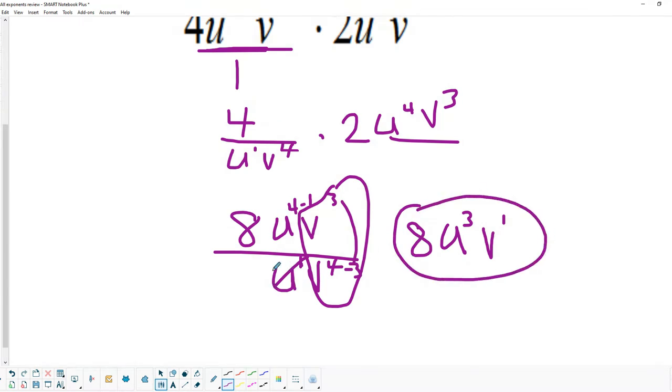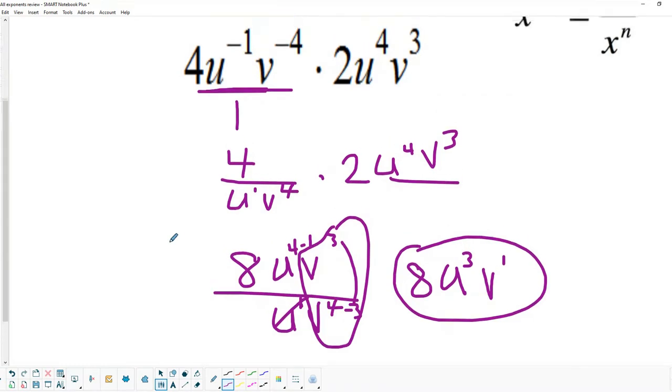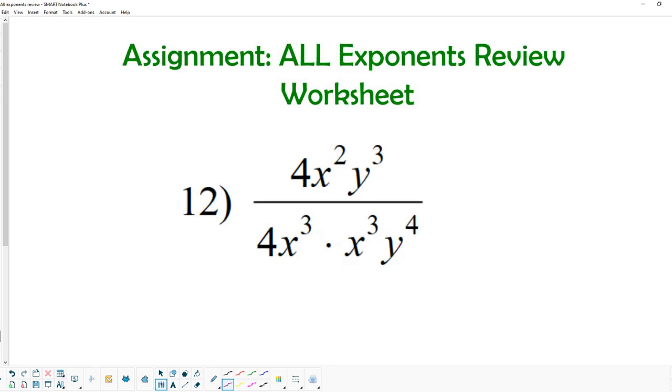So we simplified that using the laws of negative exponents as well as a couple of other properties. So we've got a nice worksheet, the All Exponents Review worksheet, and it's got a number of problems that look a lot like this. So we thought we'd work through a couple of problems to get you a jump start on the worksheet.